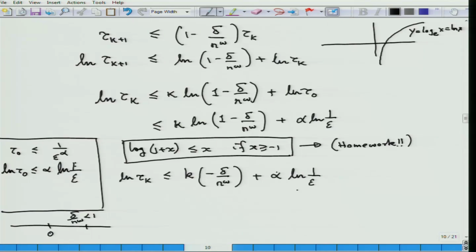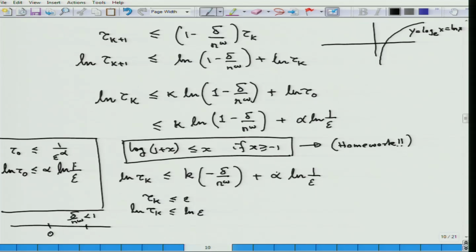Now, I want tau k, what I actually want? I have to find the k for which tau k is less than or equal to epsilon. So, if tau k is less than or equal to epsilon, then log of tau k is less than or equal to log of epsilon.